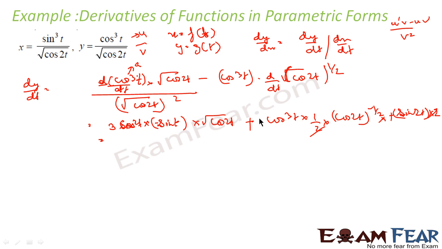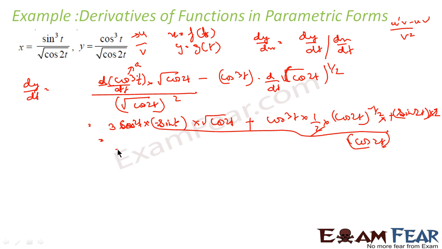This whole thing is divided by cos 2t. Root cos 2t is common here, so this goes to the denominator. So what you get here is 1 by root cos 2t multiplied by this.